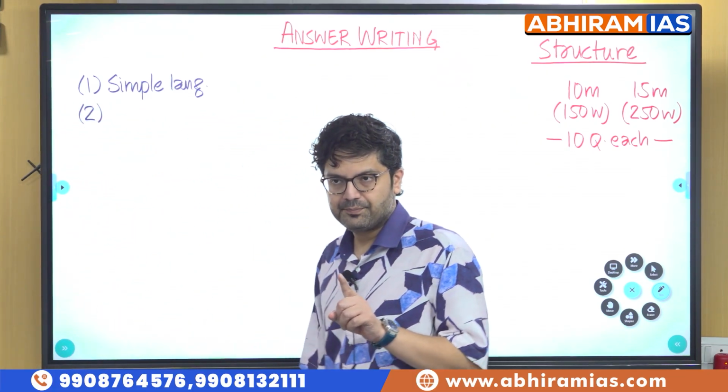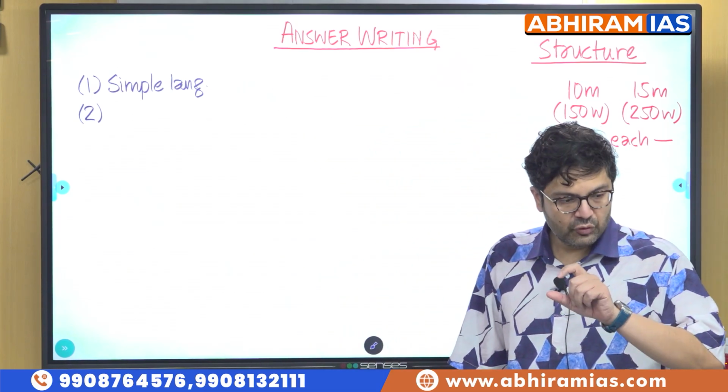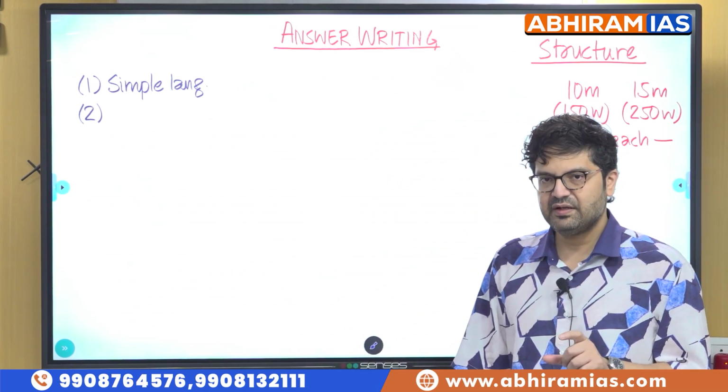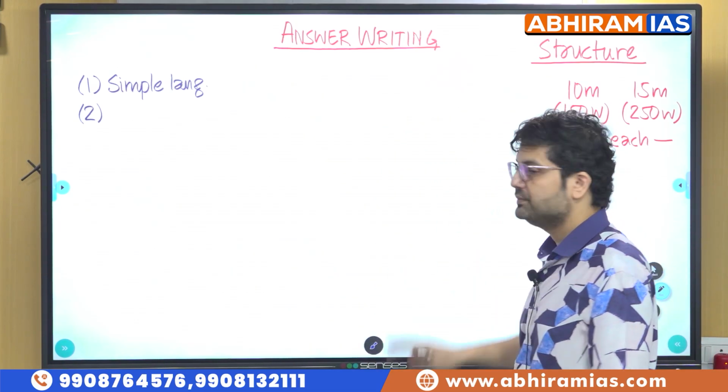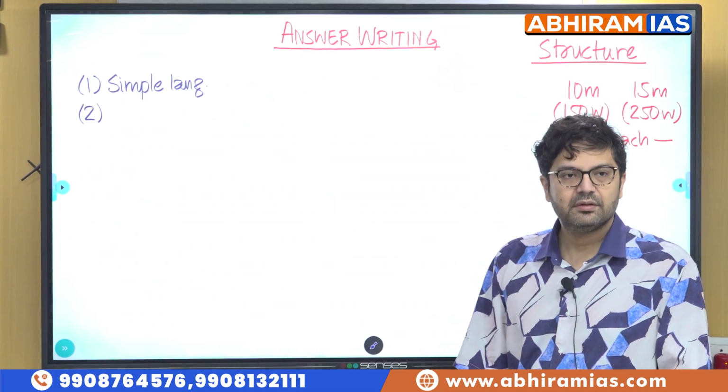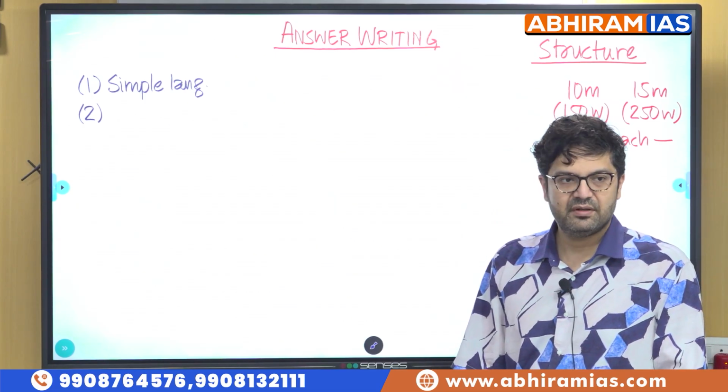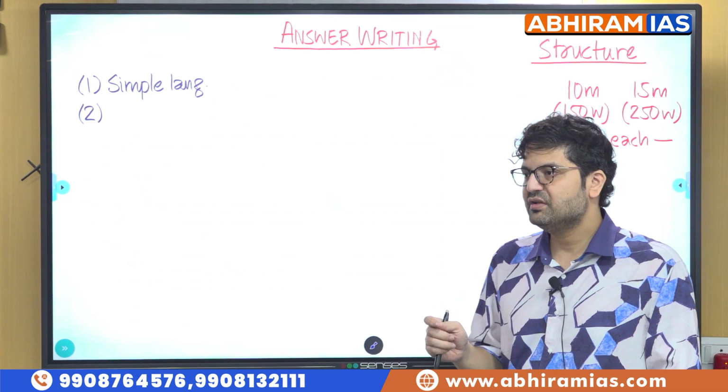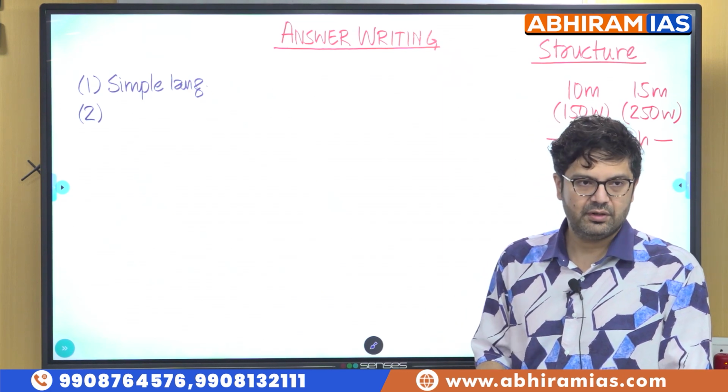Number two, very, very important. In fact, the most crucial part of this entire thing: word limit. There is a reason why we have a word limit. The expectation is that you should write within these words only.